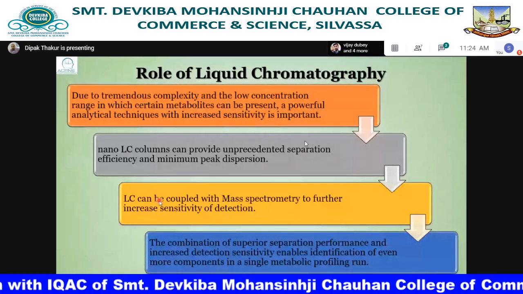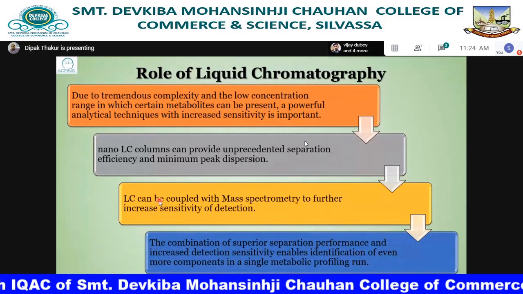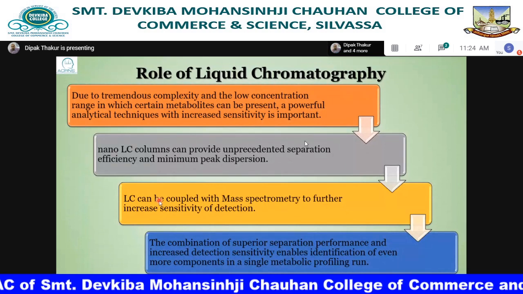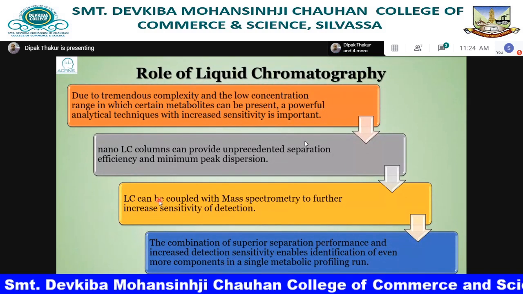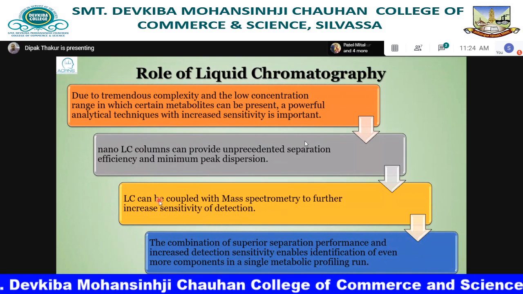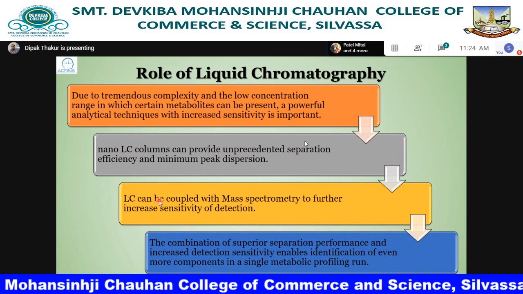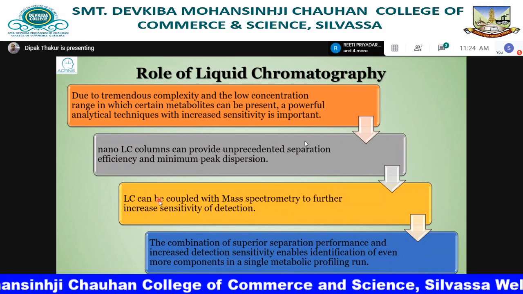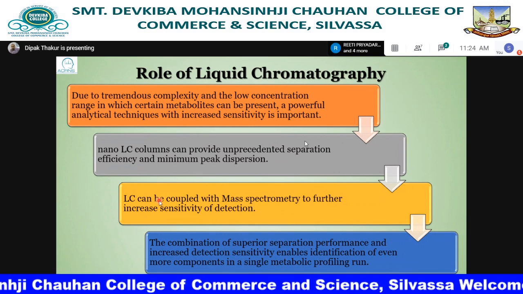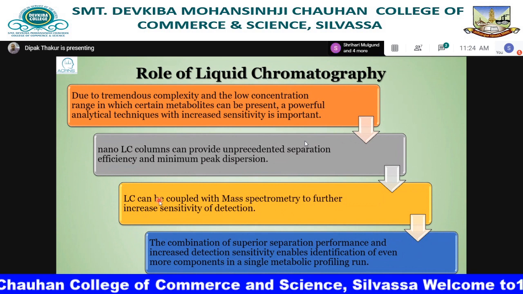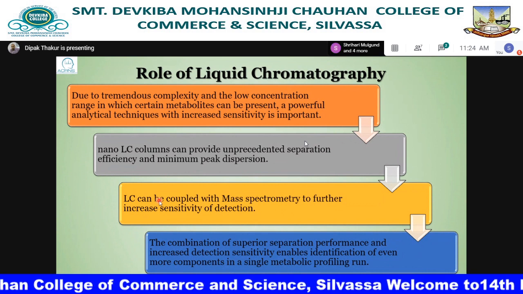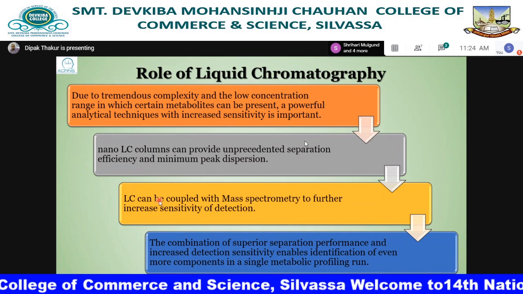What I see, and what I'm going to show you, is that even though nano columns with particles are currently the state of the art columns available to us, even these columns are not sufficient to cover all those metabolites which are present.